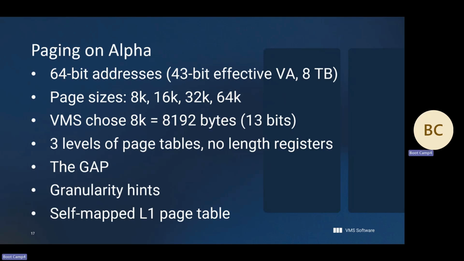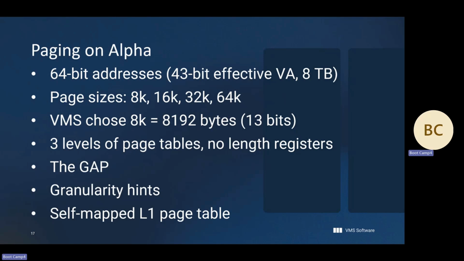Alpha was VAX on steroids. 64-bit addresses, of which 43 bits were effective, which is an 8 terabyte virtual address space. Now we're starting to get into real memory. I remember Dick Hustvedt saying, if you're having performance problems, buy more memory.